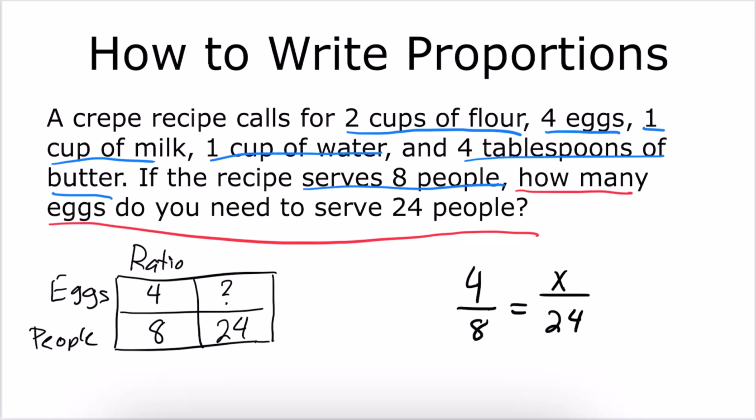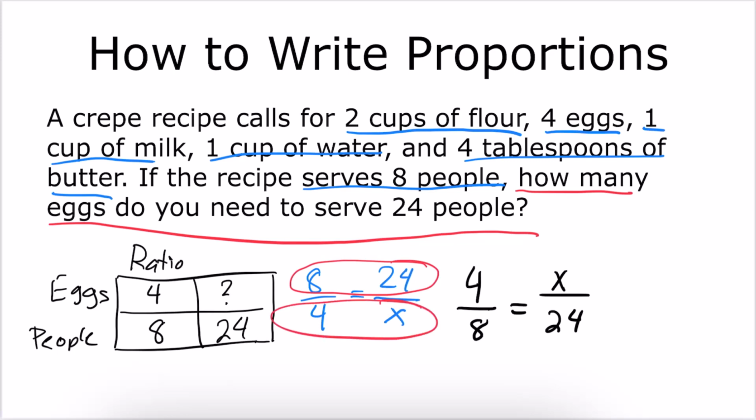This is the ratio for eggs to people. But you could have also written the ratio of people to eggs. That would be 8 over 4 equals 24 over x. Either one of these proportions will give you the same answer. It's just important that you make sure that the top numbers in the proportion correspond to each other as well as the bottom ones.